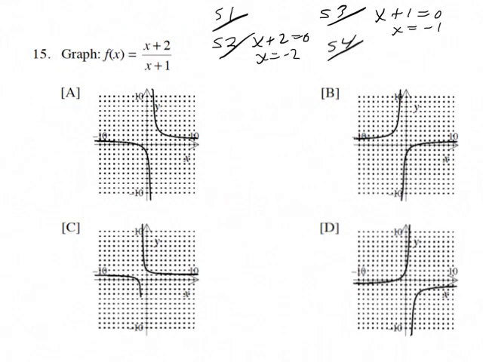And when the degree of p of x is the same as the degree of q of x, that means I am going to look at the ratio of my numeric coefficients. So there's a 1 there and a 1 there, so the ratio of my numeric coefficients is 1 over 1, which is 1, which means my horizontal asymptote is going to be y equals 1.